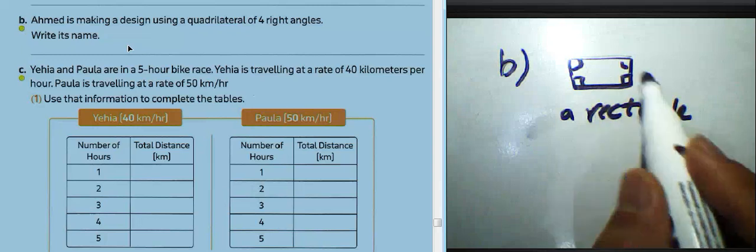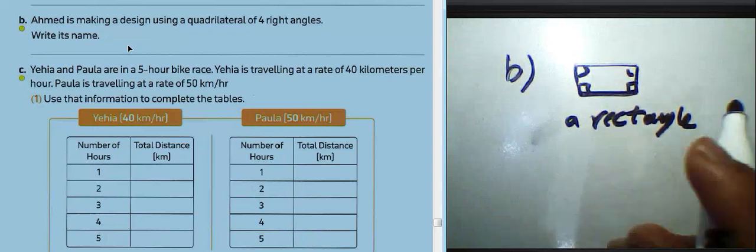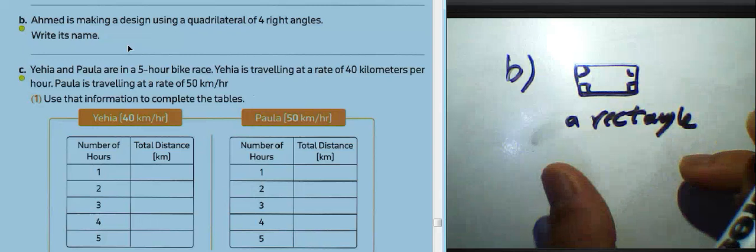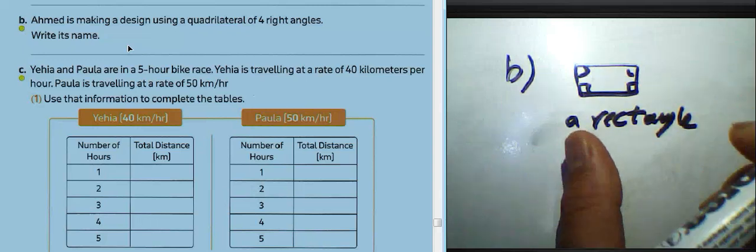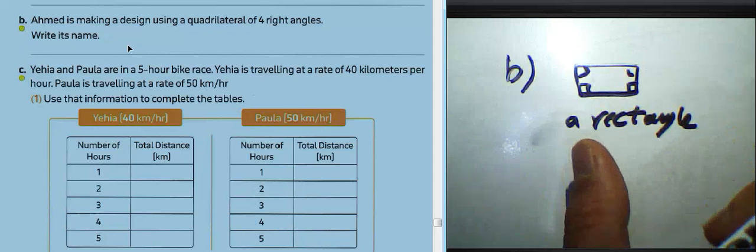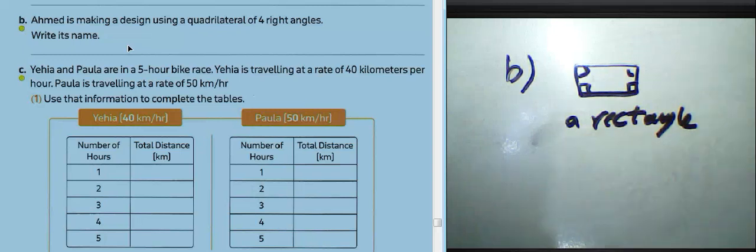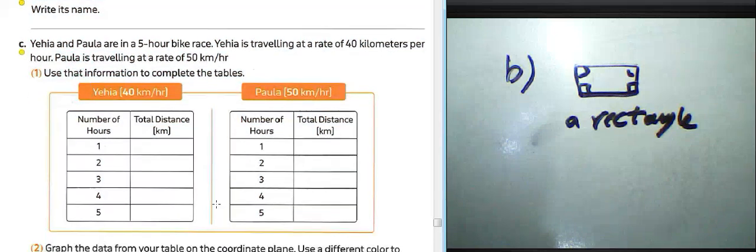But if he asked about all sides equal lengths and 4 right angles, it will be a square. So in this example he asked only about 4 right angles, so we must write rectangle. Okay, its name is rectangle.